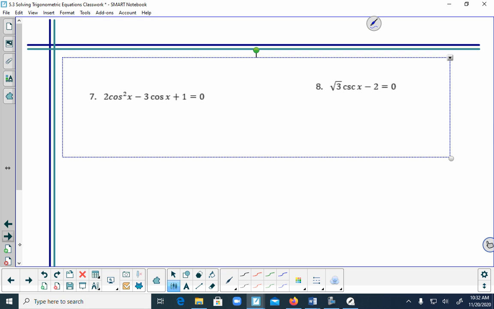So this one, everything's in the same trig function, so I'm just going to factor. So 2 cosine x, 1 cosine x, 1, equal to 0. I want a negative 3, so these are both going to be minus again.